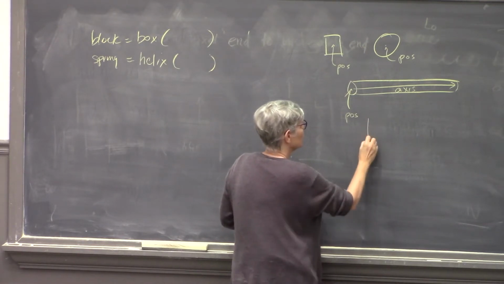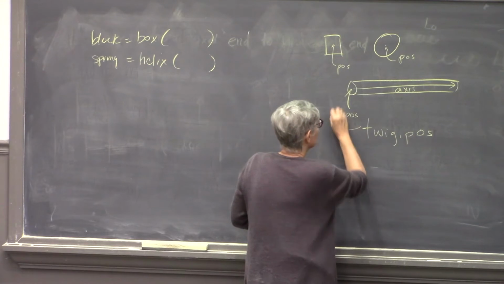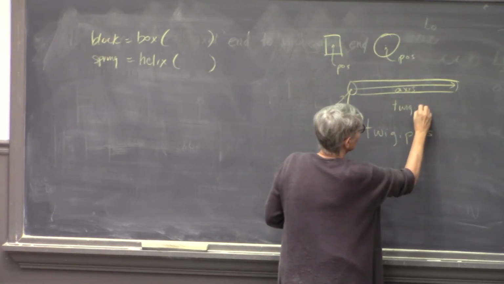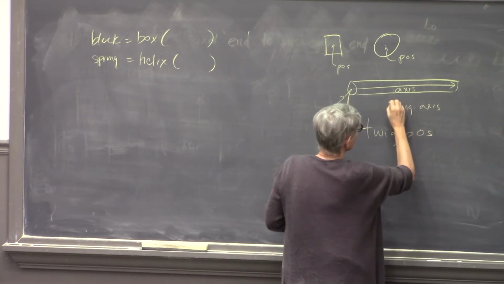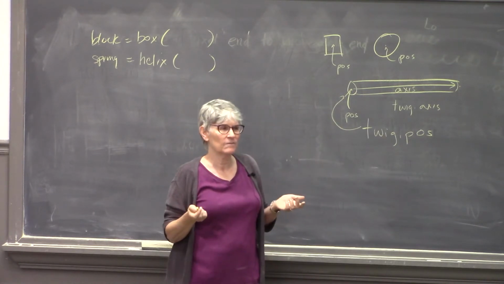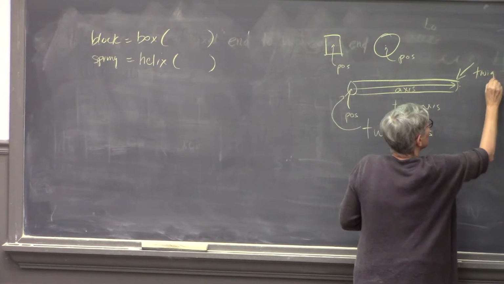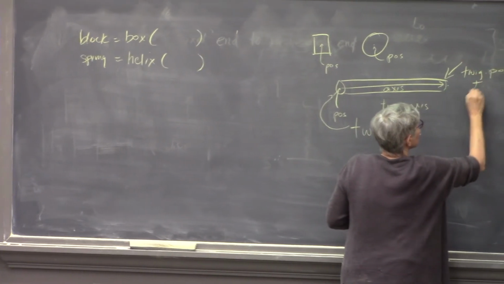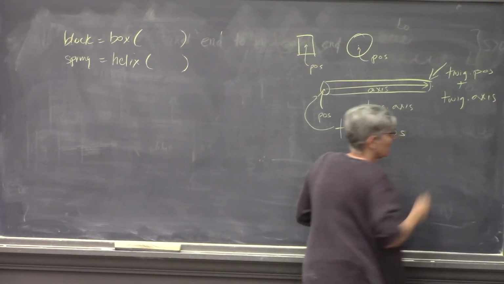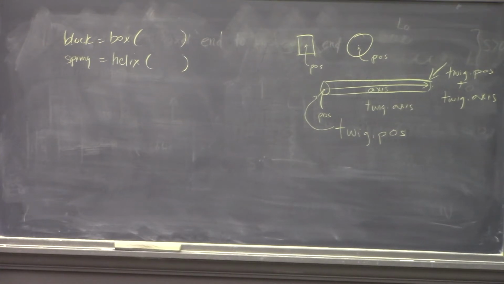So for our twig, twig.pos pointed to that end, and then twig.axis referred to the vector from there to the other end. So that this location was twig.pos plus twig.axis. I know that some of you actually got it done that way.